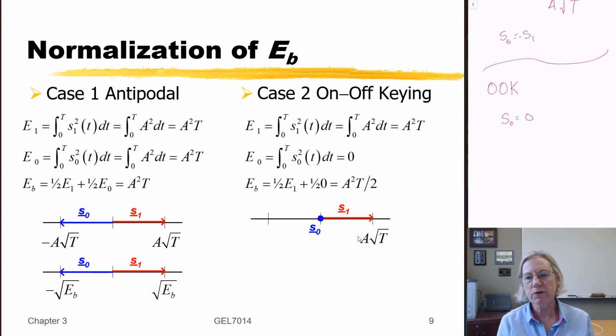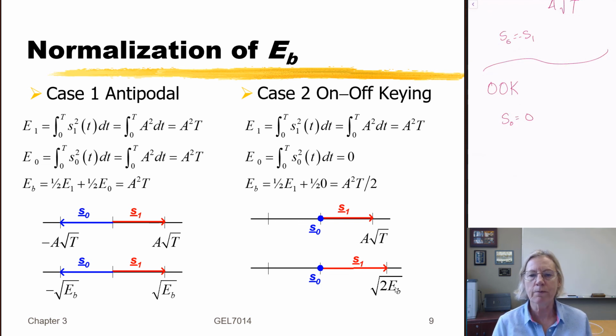So what I'm going to do is, again, write these coordinates in terms of the average energy per bit. And when I do that, you can see that this coordinate, A square root of T, in this case would be the square root of 2 times the average energy per bit. So now if I look at these two systems, S1 is longer in the on-off keying than it is here.